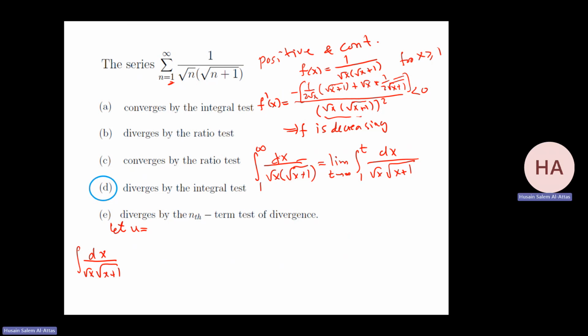How to do this integral? The square root of x times the square root of x plus 1. So if I take u as square root of x plus 1, what will be du? It will be 1 over 2 root x dx. Okay, but I don't have that here.